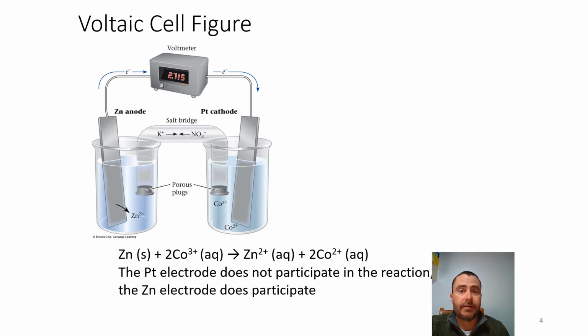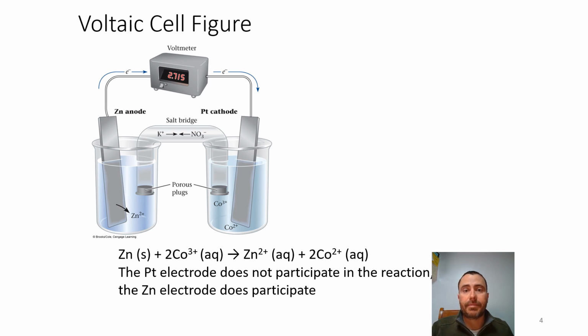This shows us a voltaic cell figure, which is the exact same voltaic cell that was on the end of our previous slide, where we were showing our zinc being oxidized into zinc 2, and our cobalt 3 being reduced to cobalt 2.